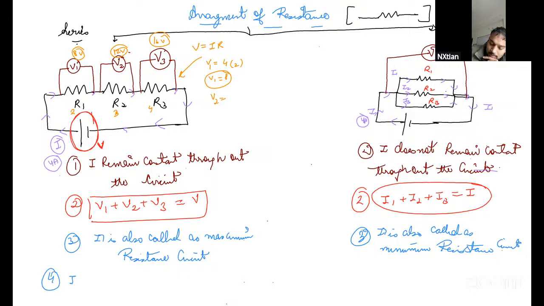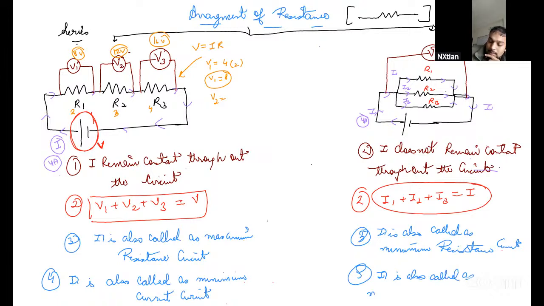And the fourth point is that series is also called the minimum current circuit, and parallel is also called the maximum current circuit. Now, what does this mean, guys?